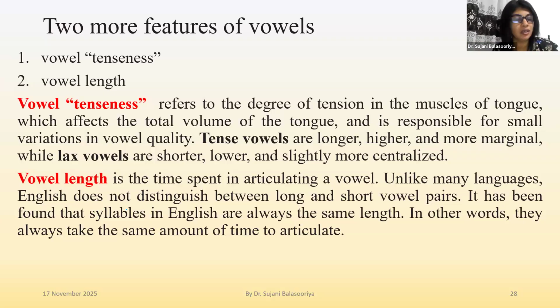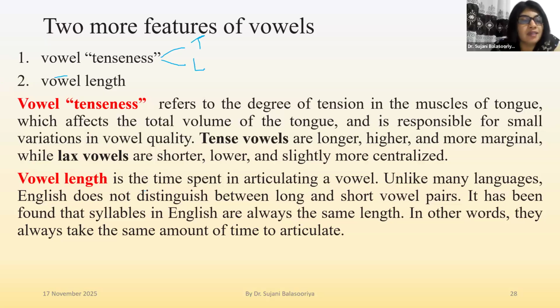Talking about tenseness, we have two types: one type is tense vowels, the other type is lax vowels. And the second feature is length, vowel length. There we talk about the time which is usually spent in articulating or producing a vowel.